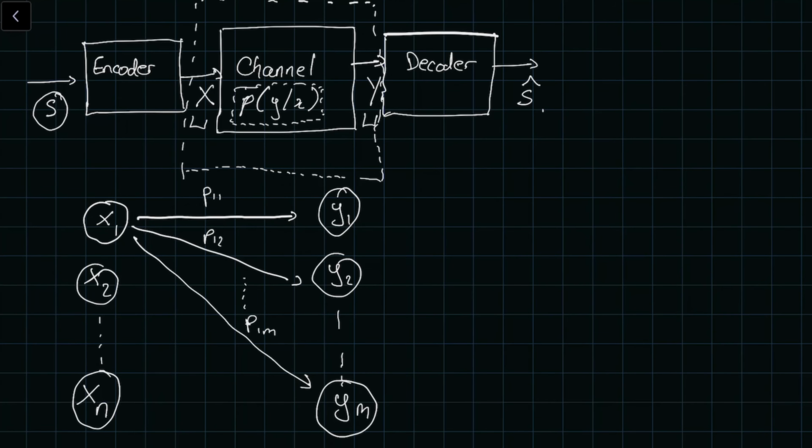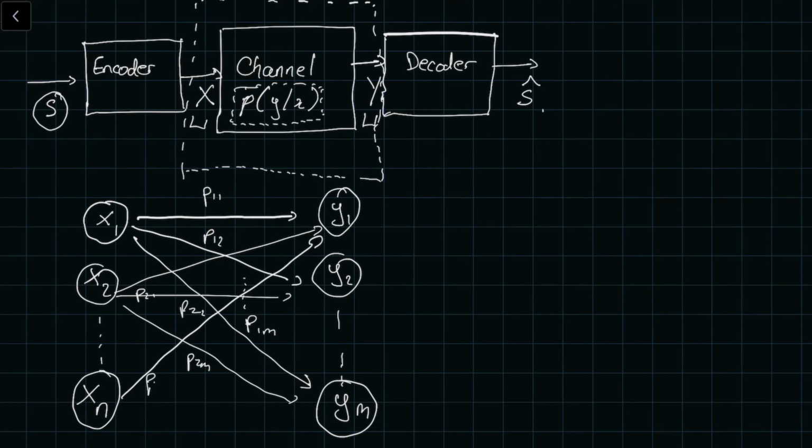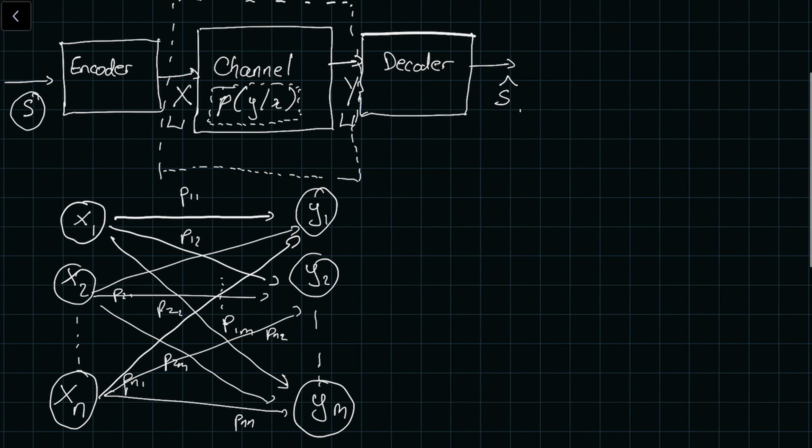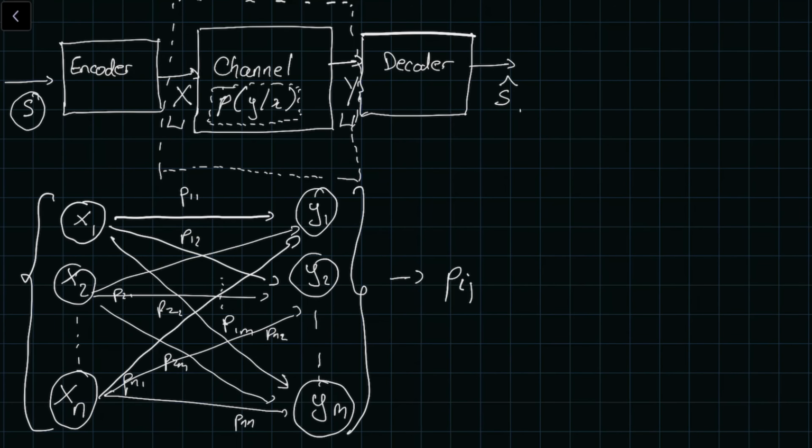Same thing here, we've got P21, P22, down to P2M, and Pn1, Pn2, down to Pnm. I know it's getting messy, I'm sorry about that. But instead of all this, we can say in one expression, I've got my Pij, which is the probability that y takes the value yi, given that x takes the value xj, right?